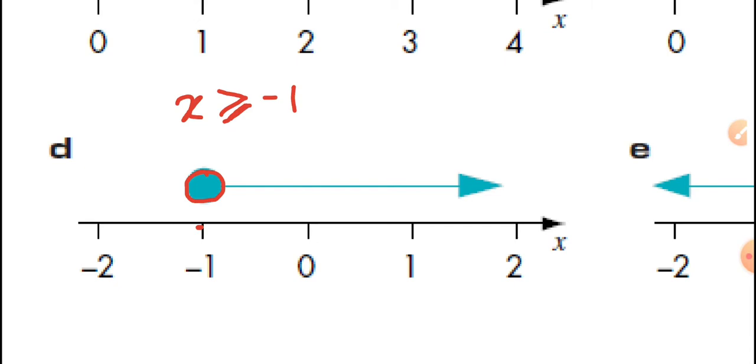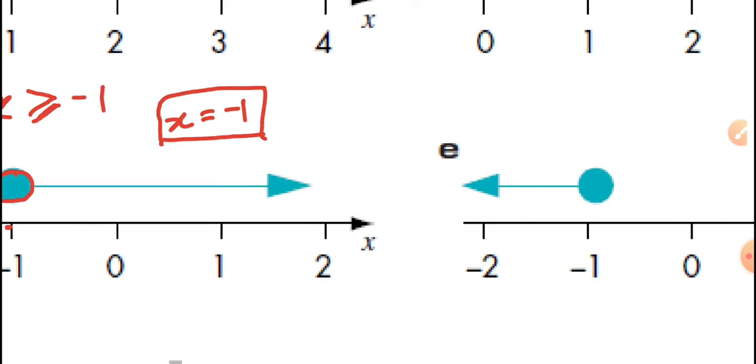Remember this is saying x is any number bigger than negative 1. So what's the smallest number it could be? Well, x could be negative 1 because it says x is equal to or greater than negative 1. So the smallest integer, the smallest whole number, would be x equal to negative 1.